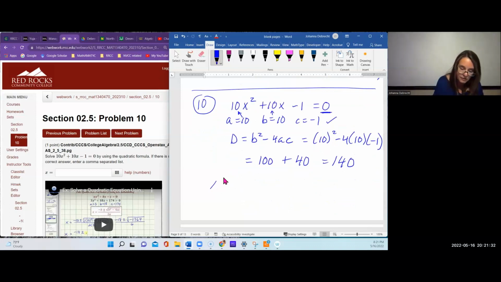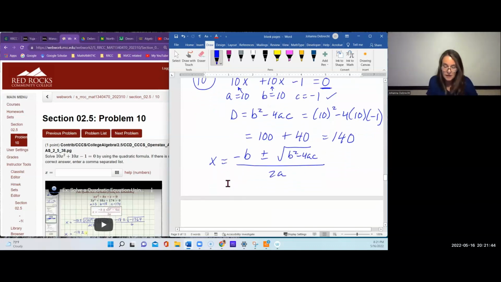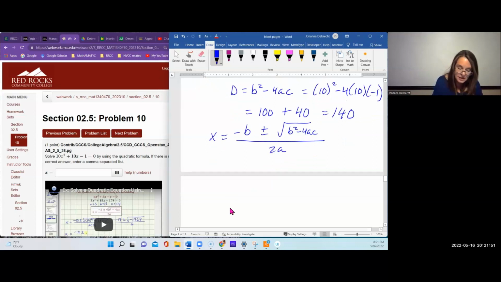Let's write the quadratic formula down. The opposite of b plus or minus the square root of b squared minus 4ac all divided by 2a. We'll use this form first. The opposite of b means whatever number you got here, take the opposite sign. So since that was 10, we'll use negative 10 plus or minus.